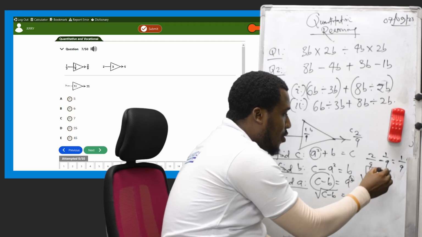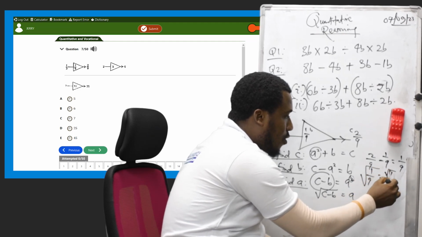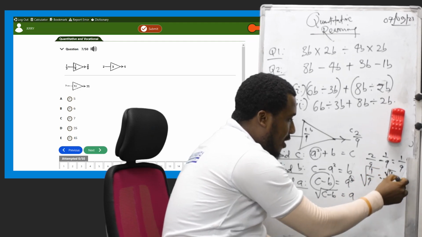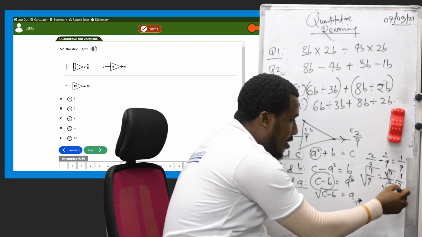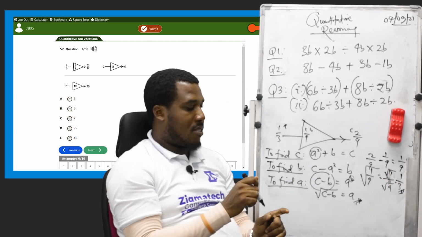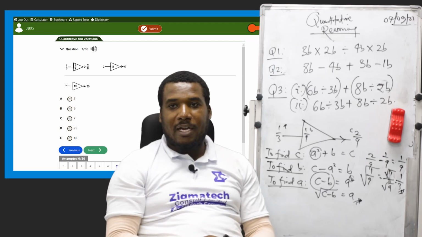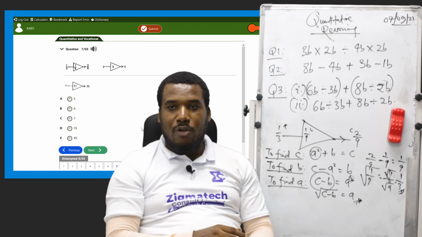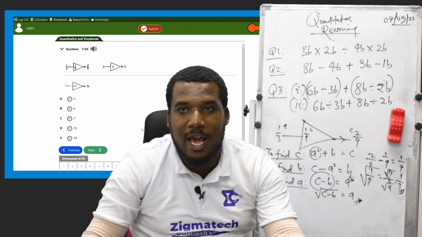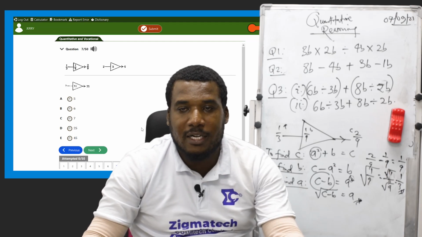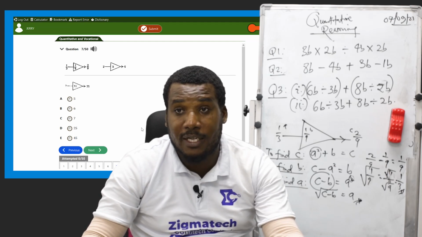It's like saying square root of 1 over square root of 9. Square root of 1 is 1, square root of 9 is 3. We are back to A. So that's how you solve this problem. Similarly, you can do that for the second example given to us and get the answer appropriately.